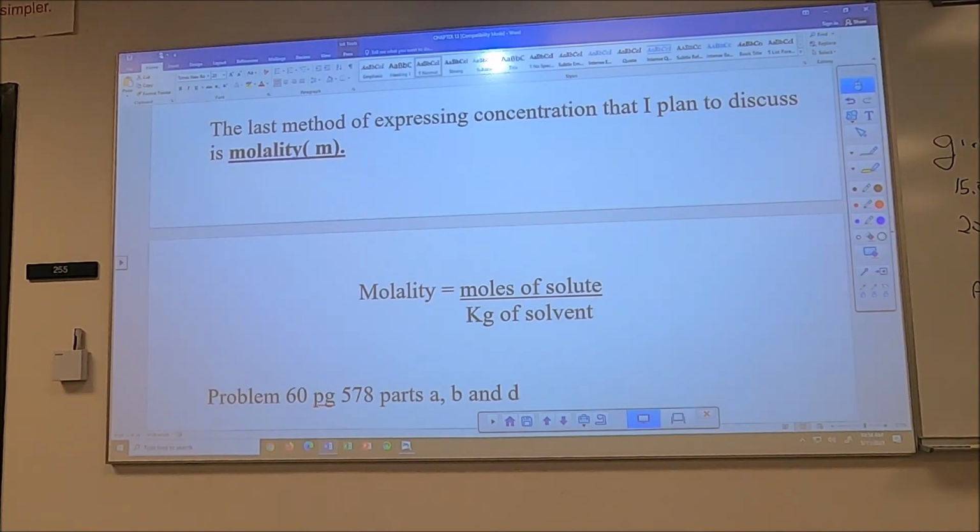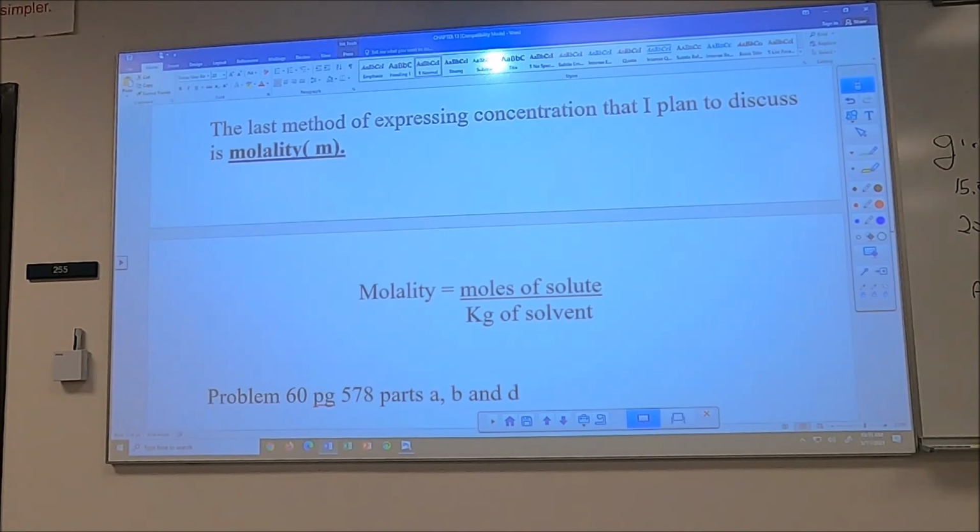Molarity involves volume of solution, okay? And because molarity involves volume of solution, as temperature changes the volume of solutions changes slightly, because things expand as they warm up and they contract as they cool off. Molarity changes slightly with temperature.